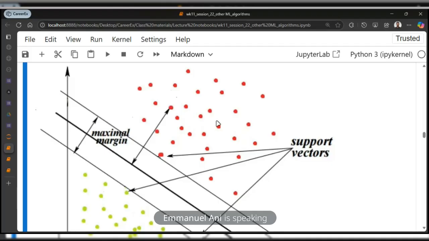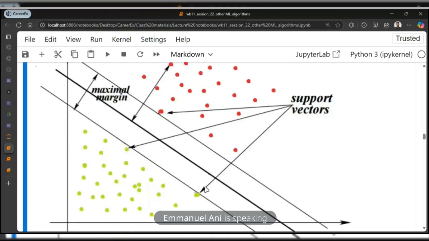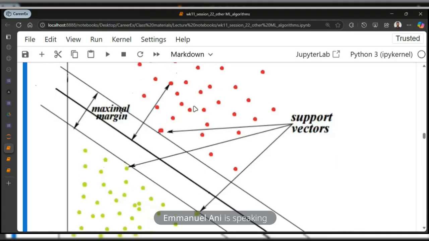But most times you would have non-linearly separable data, in the sense that some of these red vectors would be in this place, and some of the lemon vectors would be in this place. So they'll be kind of mixed together. So for you to use a straight line, it's not even possible. You can't use a straight line to separate that kind of data.